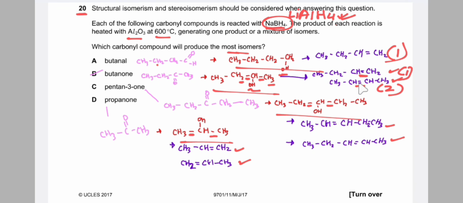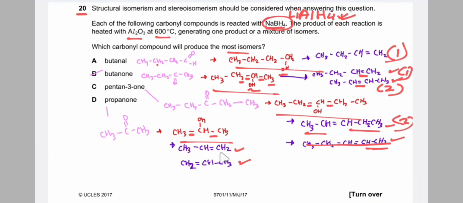That means cis trans isomerism occurs. Then for this structure, CH3CH and CH3CH are the same, and CH2CH3, CH2CH3 are the same. Therefore, this is the only one product, and for this product we can see that cis trans isomerism occurs because the double bonded carbon is attached to two different groups. So two isomers.